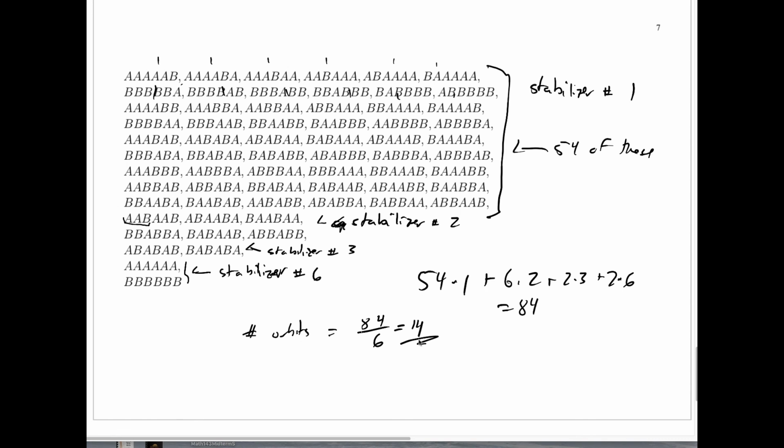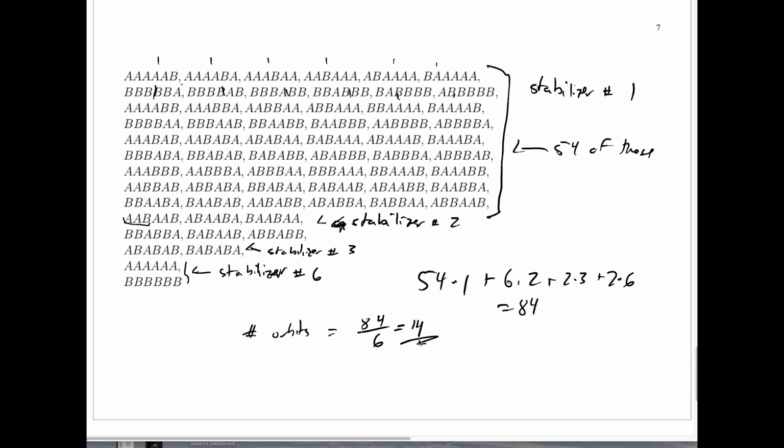That's a legitimate complaint. Adding up all the stabilizers is not quick and easy to do if you have a large number of total strings. And you will have a large number of strings if you have string length anything above 6. It'll be very large, and you might even have, instead of a 2-letter alphabet, a 3, 4, or 17-letter alphabet, and then the number of strings becomes astoundingly large, and you'll want some method of counting the number of orbits that doesn't make you check every single string individually.